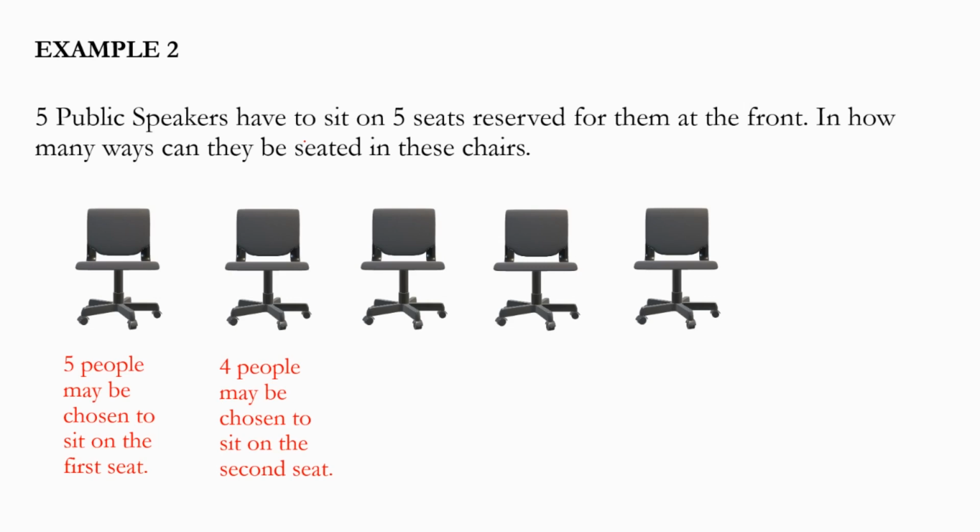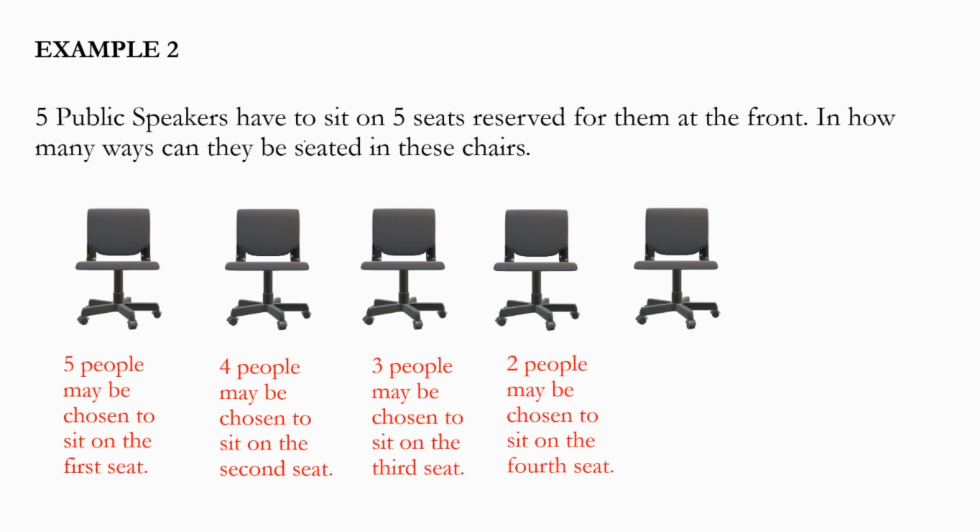Then we're left with 3, so 3 people can be chosen to sit on the third seat. We're left with 2, so 2 people can be chosen to sit on the fourth seat, and then 1 person for the fifth seat. So how many different arrangements here? We can say 5 times 4 times 3 times 2 times 1, which is 5 factorial, and that is 120 ways.